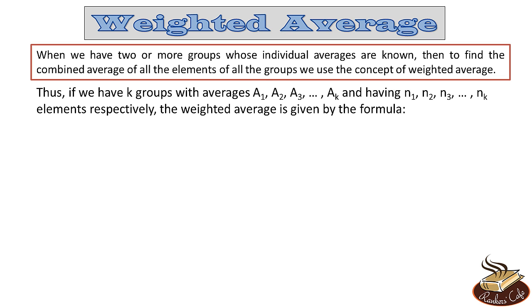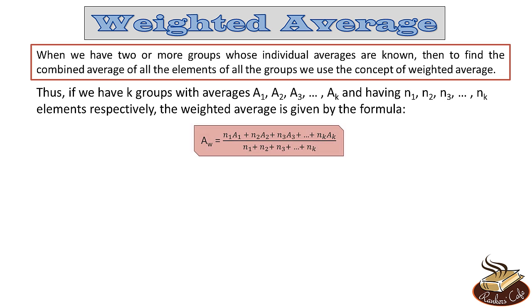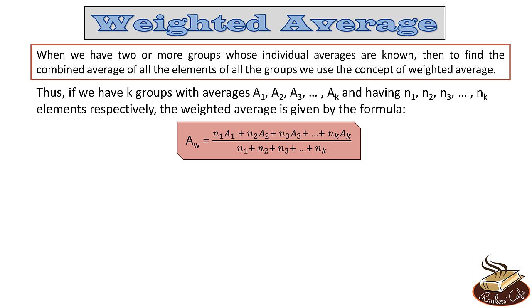Thus, if we have k groups with averages A1, A2, A3 and so on till Ak, which have N1, N2, N3 and so on till Nk elements respectively, the weighted average is given by the formula AW is equal to N1A1 plus N2A2 plus N3A3 and so on till NkAk divided by N1 plus N2 plus N3 and so on till Nk. So let's take an example to understand this better.